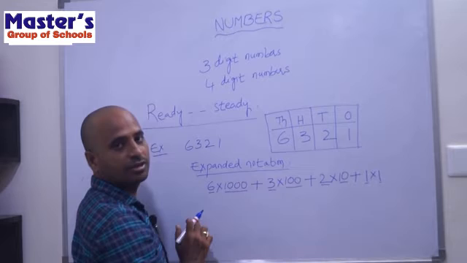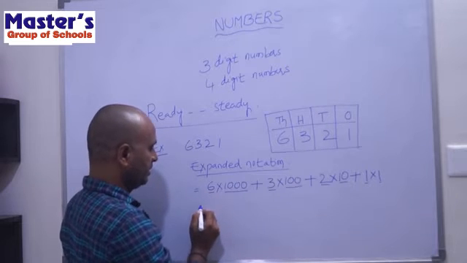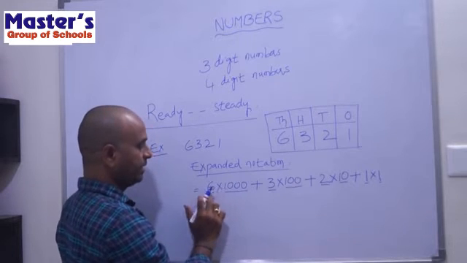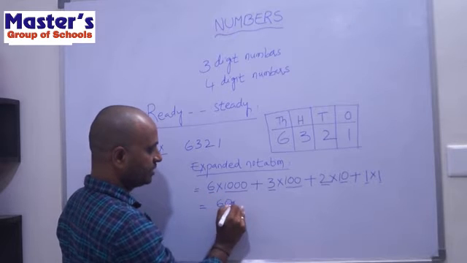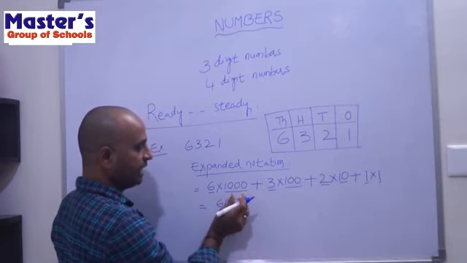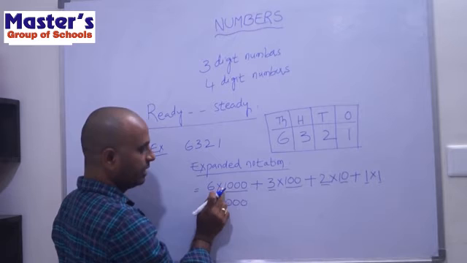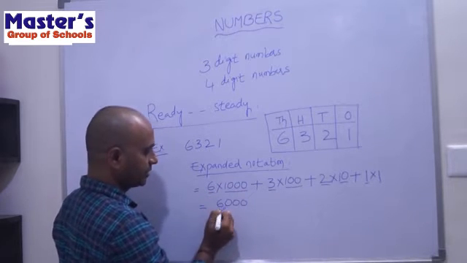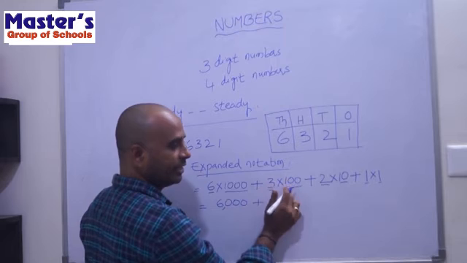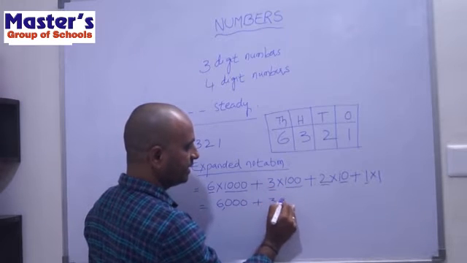This notation is called expanded notation, and if we multiply the values, we get 6 into 1000, which is 6000. Simply remove the 1 and place the 3 zeros after the digit. So 6000 plus 3 into 100, which is 300.